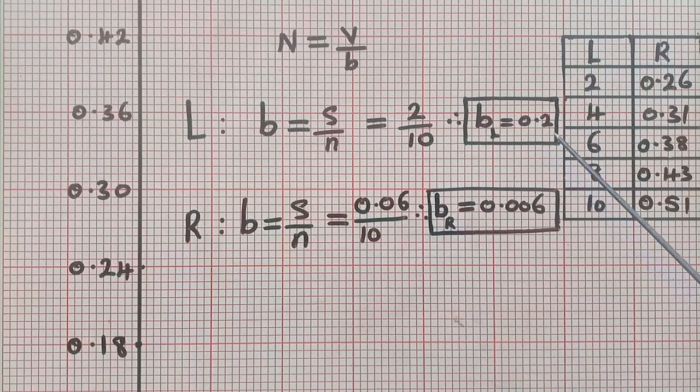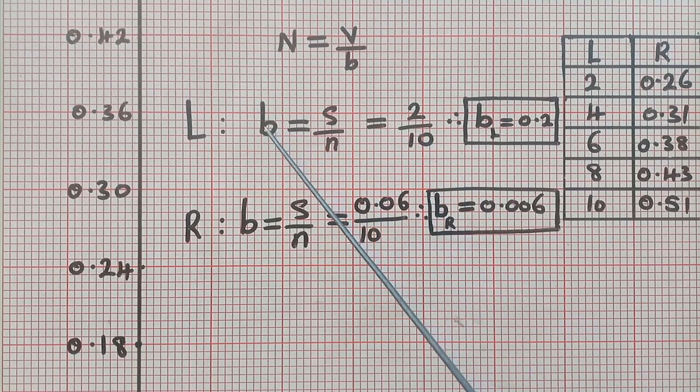By substitution, we recall that the scale for the L axis is 2, and the number of boxes in one interval is 10. What it means is that the value of one box along the horizontal axis is equal to 2 over 10. That is scale 2, and then number of boxes in one interval 10. 2 over 10 is equal to 0.2.